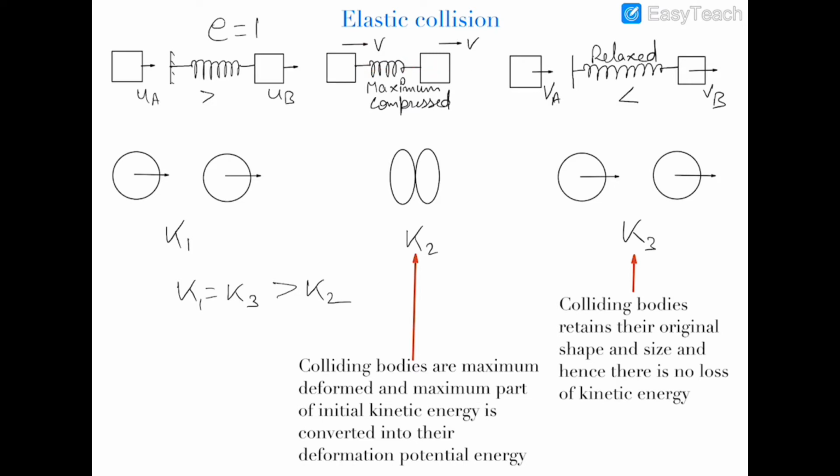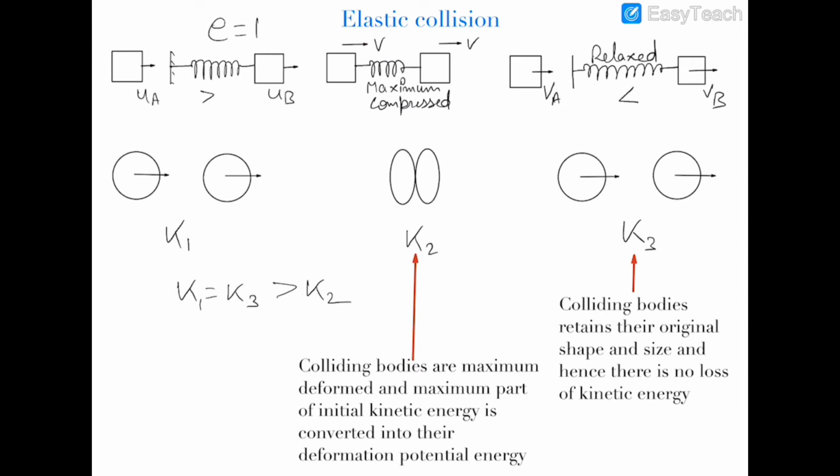it will again push the first block, and it will decrease the velocity of the first block and increase the velocity of the second block, due to which they will eventually separate, and the second block will move apart from the first block, and the spring will regain its relaxed original state. So you can see that from the first part till the third part, the final condition, there is no loss of kinetic energy of the system.